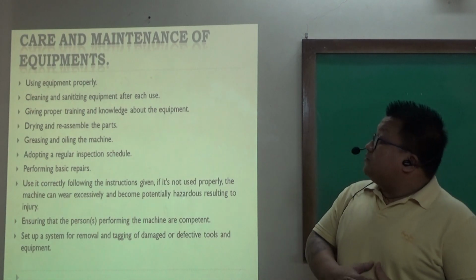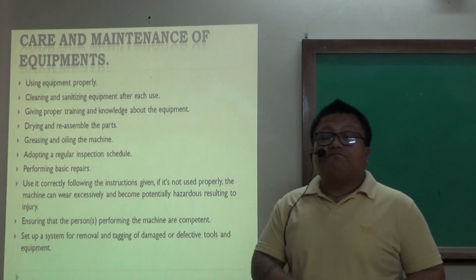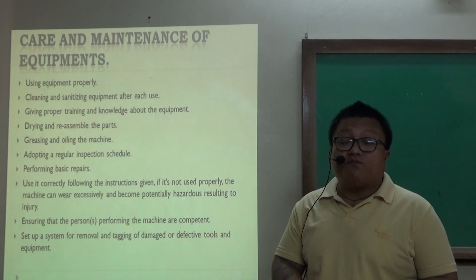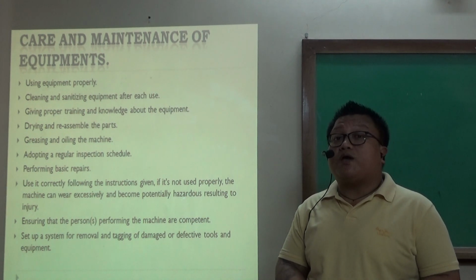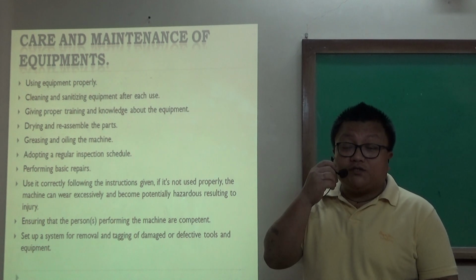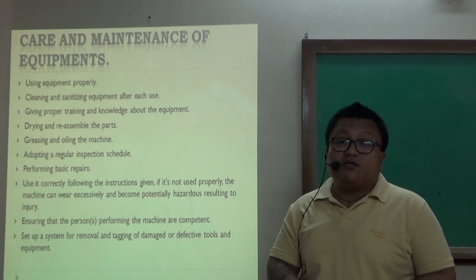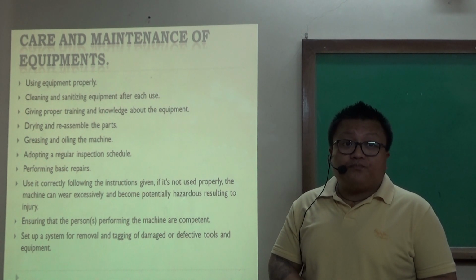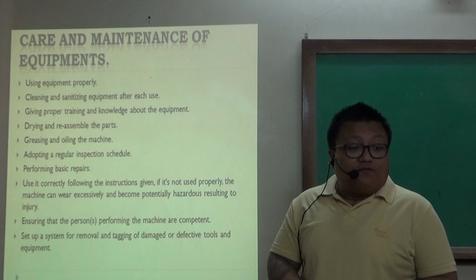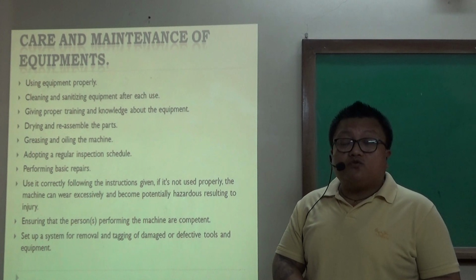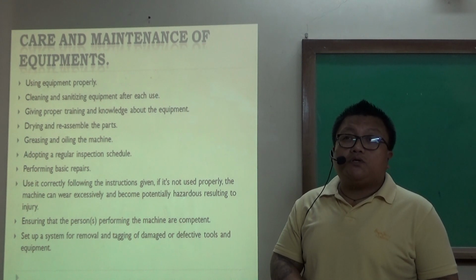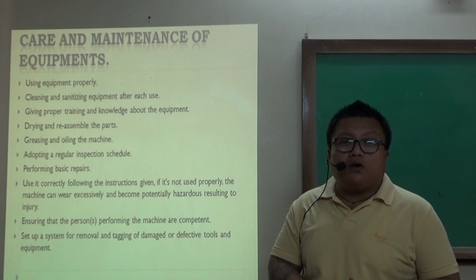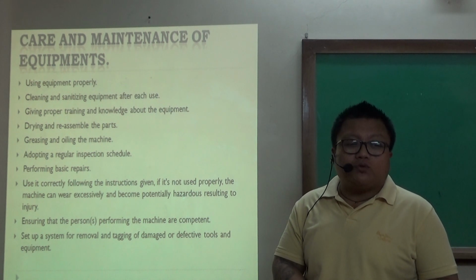Next, when we use tools and equipments, of course the most important criterion we have to keep in mind is care and maintenance, because without care and maintenance you cannot keep tools and equipment for a longer period of time. So for care and maintenance of equipments, let's just see what care is and what maintenance is first.